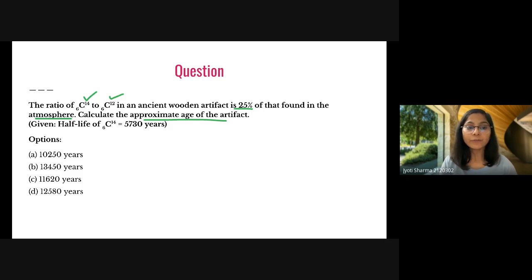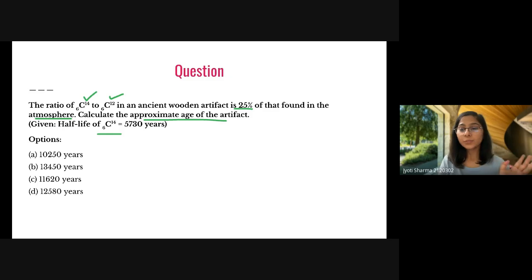The half life of radioactive carbon, that is C14, is given, and that is 5730 years. So this is a very interesting question: if you know the half life and the ratio of C14 and C12, then you can estimate the age of that organic matter. So how can we do this? Do you have any idea about this?